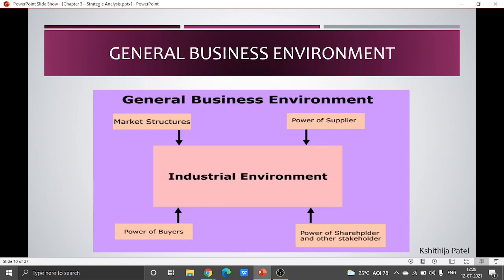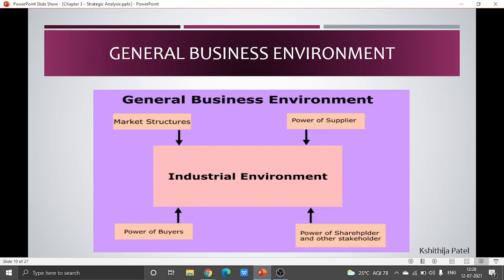Now this general business environment affects all the organizations in general. But on the other hand, the industrial environment affects those organizations specifically, the ones for the analysis that we take, that is to say, which are in the same industry.